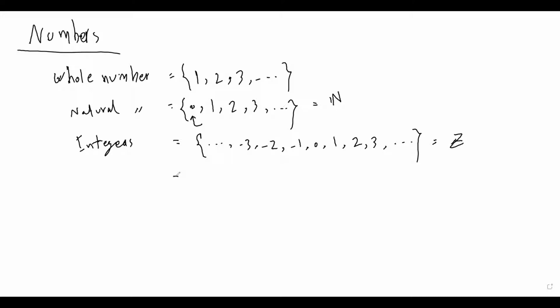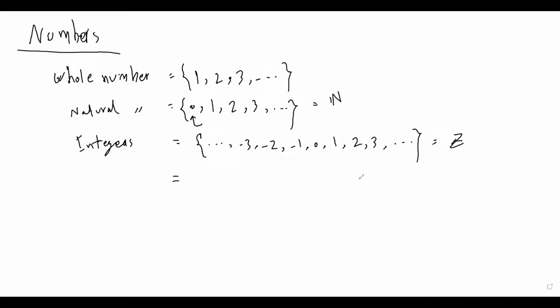And what else is missing here? Sometimes when you ask a kid how old they are, they come up with a very funny answer. They say, I'm 4.5 years old or 6.5, right? Which we don't have here. So if you go ahead, those are fractional numbers, guys.